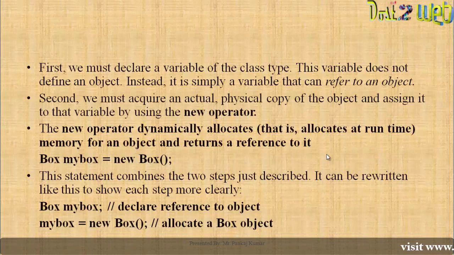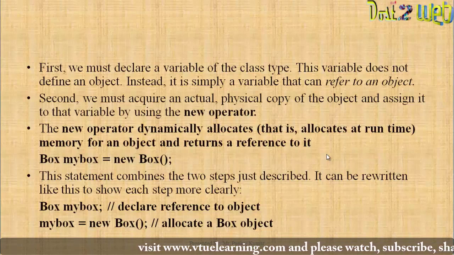When you want to allocate memory at runtime, you have to use the new operator, and the new operator will dynamically allocate the memory and return the reference. So here we have used new, so it will dynamically create the memory for the object, that is myBox, which refers to the Box class.